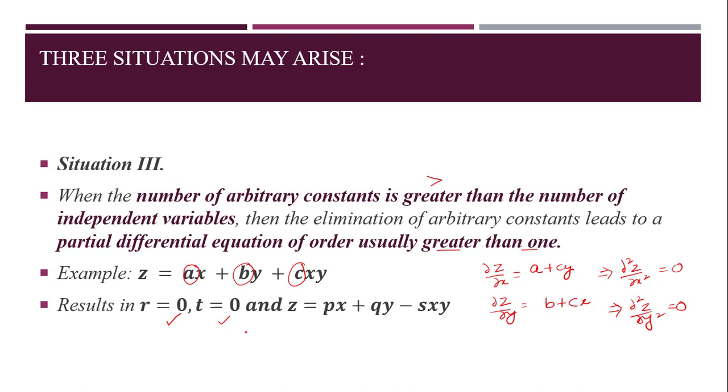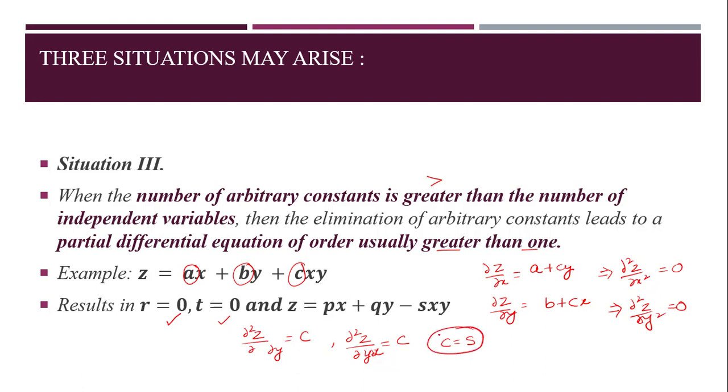So del 2z by del x del y is equal to, a will give me 0, and it is c. And if I differentiate the second one with respect to x, del x del y is equal to c. It means it is for sure that we are getting c as s, the same from both.